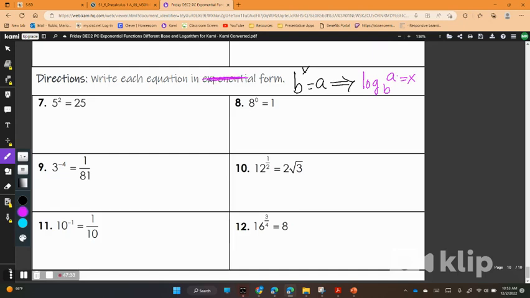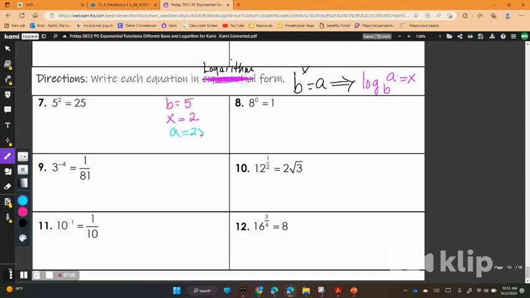So I made a mistake here too when I typed this up. This is logarithm. Okay, this will make more sense now. Okay. So I've got my b base of 5. I've got my x equals 2.